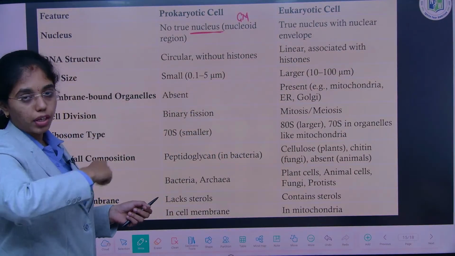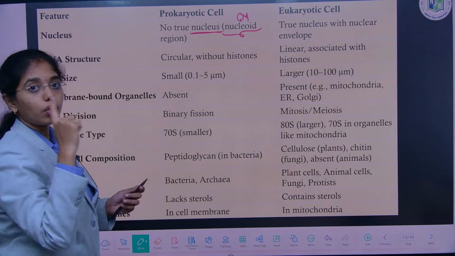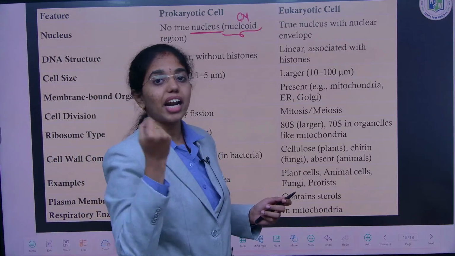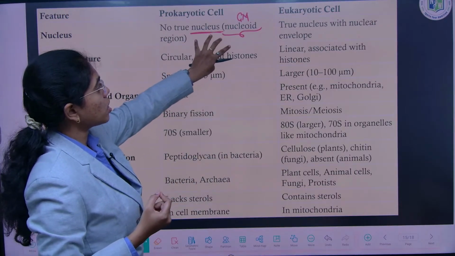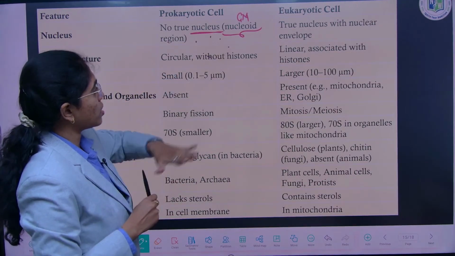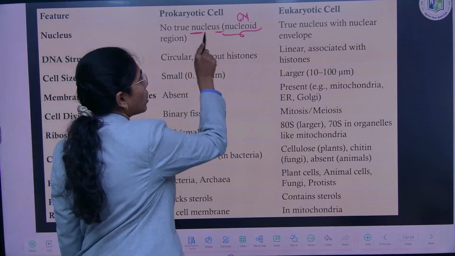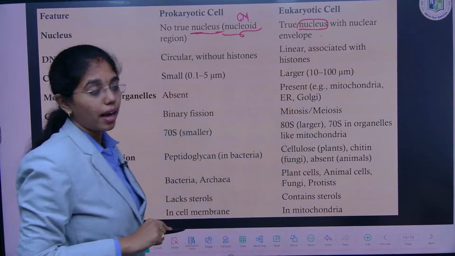It is at a specific location addressed as the nucleoid. Over the nucleoid, there is no nuclear envelope, or nuclear membrane, so it is called a pseudonucleus. It is not a true nucleus. Whereas in a eukaryotic cell, the nucleus is covered by a nuclear envelope.